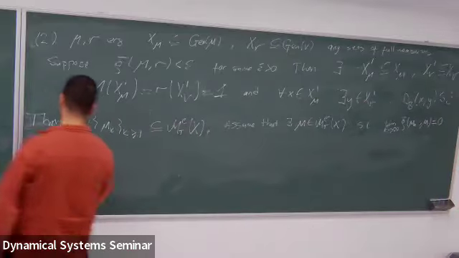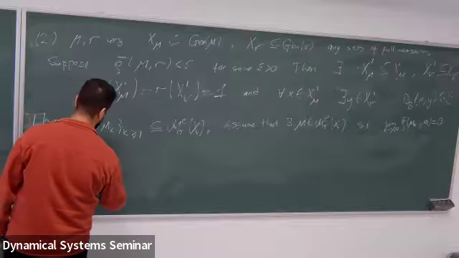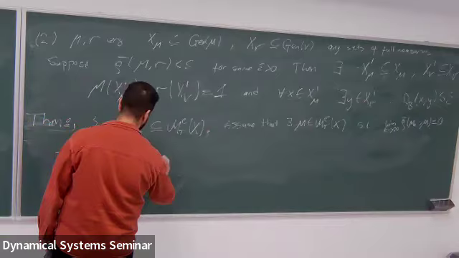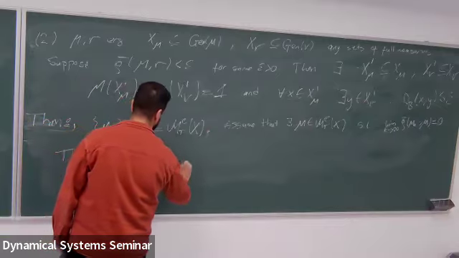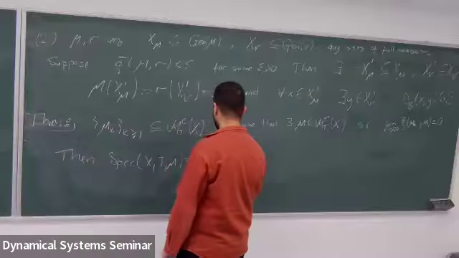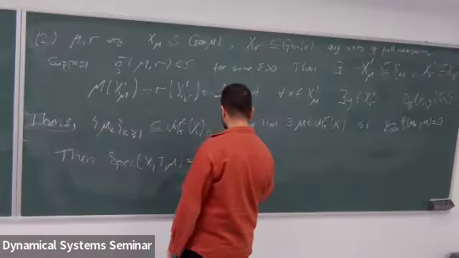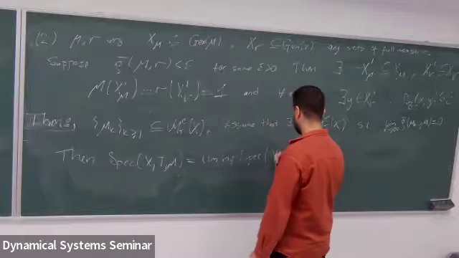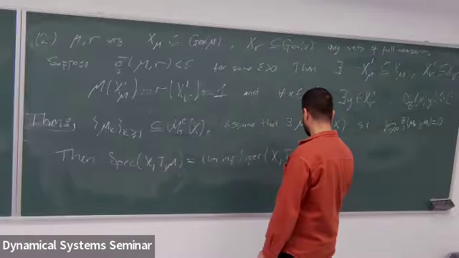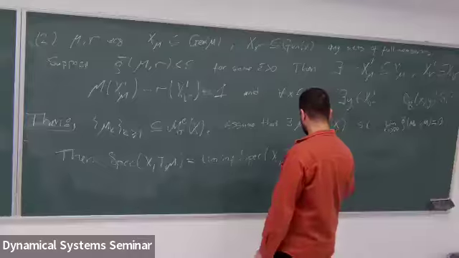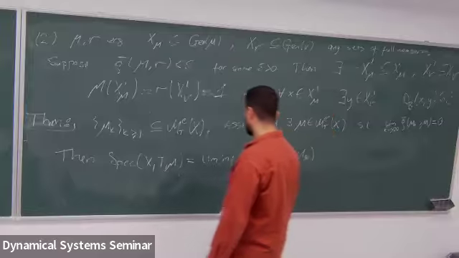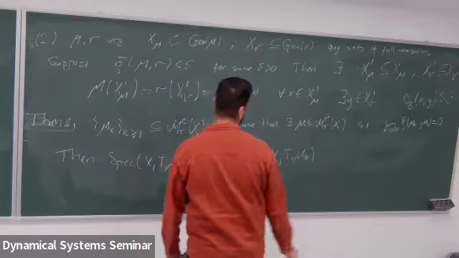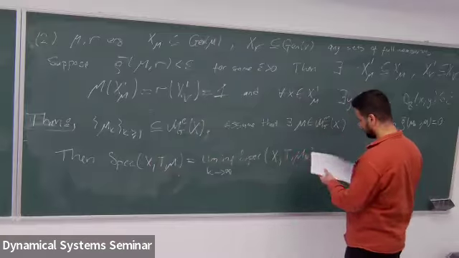Then the spectrum of the limit measure is just the union of the spectra of the sequence.